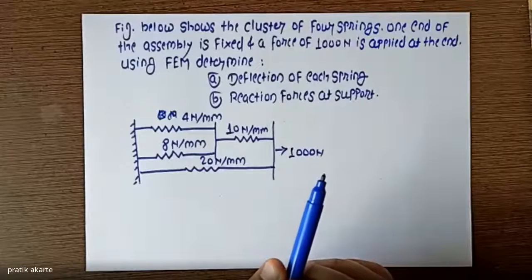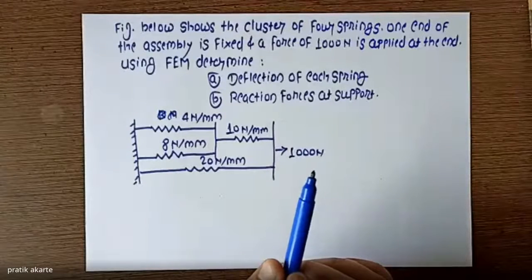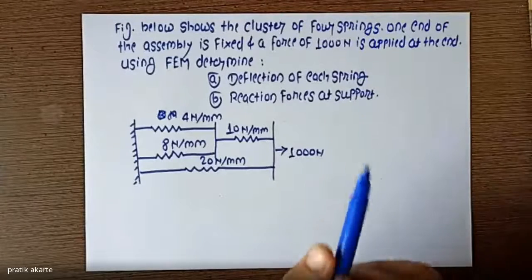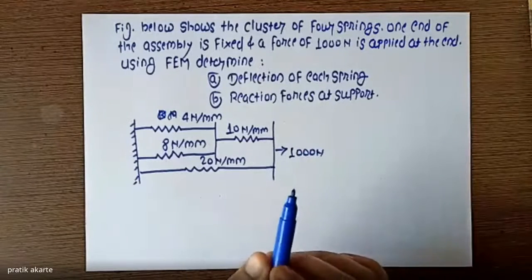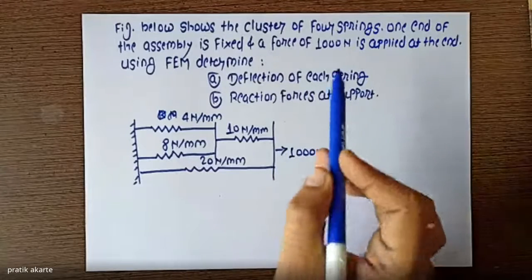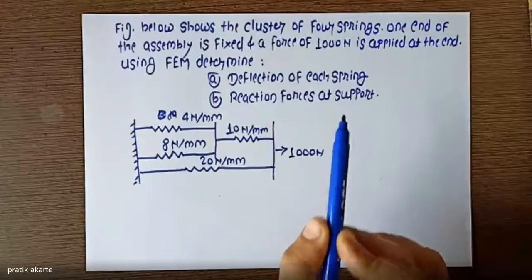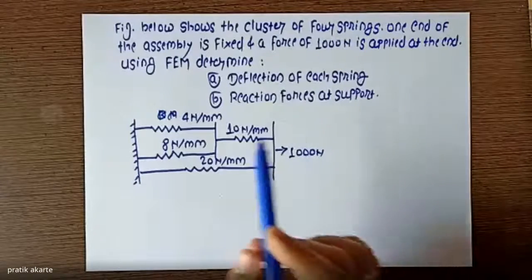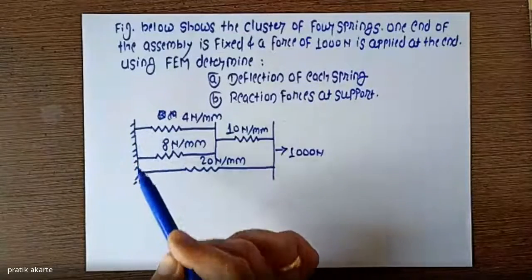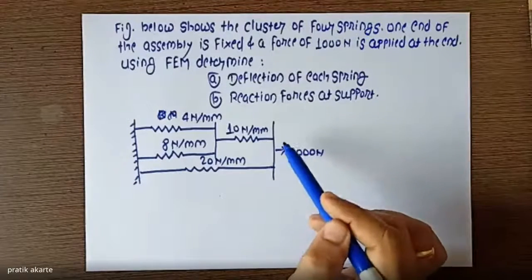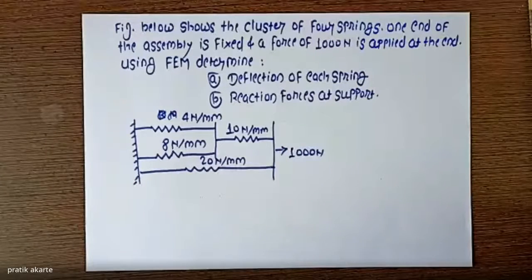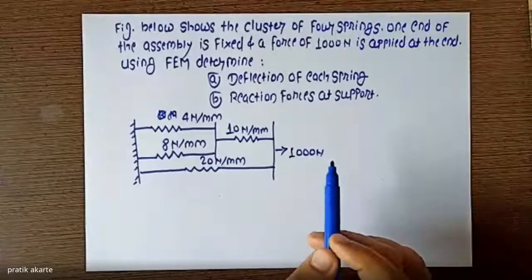This is one kind of problem in continuation with our problems of finite element analysis. I'll read the statement. The four springs are arranged in a cluster. One end of the assembly is fixed, this end, and at the other end it is applied with a force of 1000 Newton.